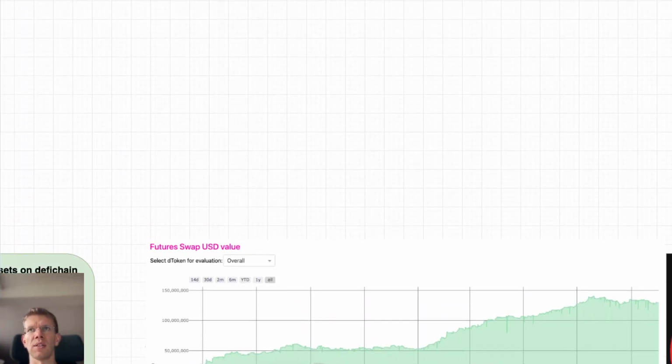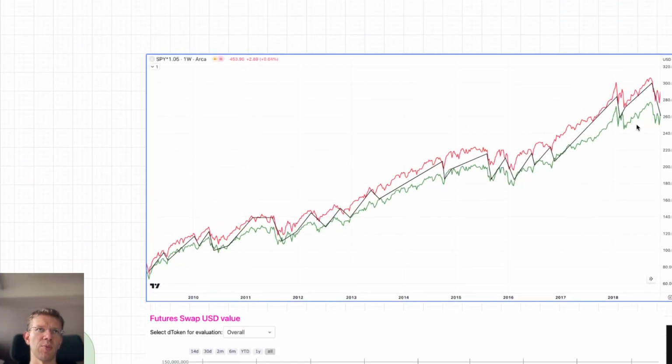Let's look at the SPY from 2009 to 2019. Strong move up. The red line is now the price plus 5%. The green line is the price minus 5%. So that would be our FutureSwap range where we want our dToken to stay in.